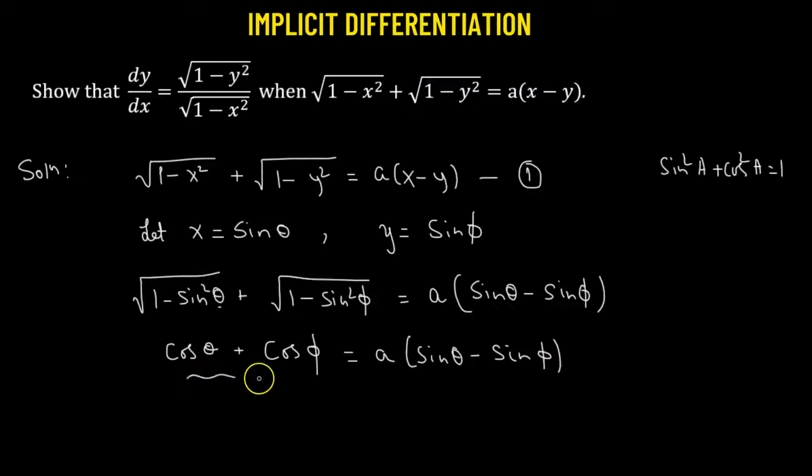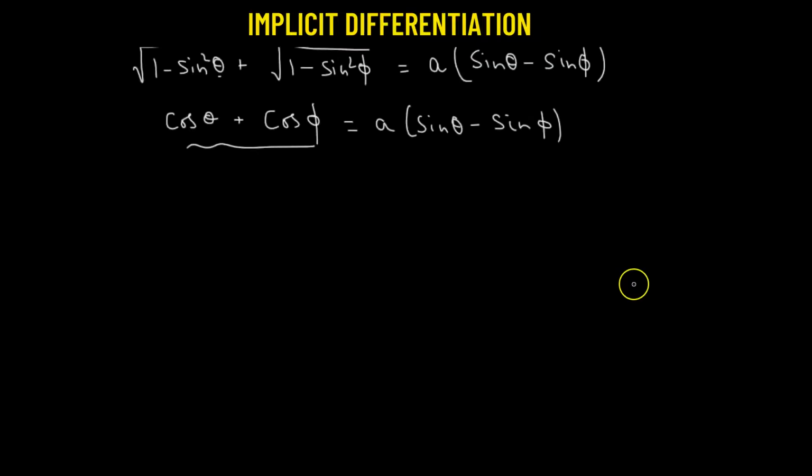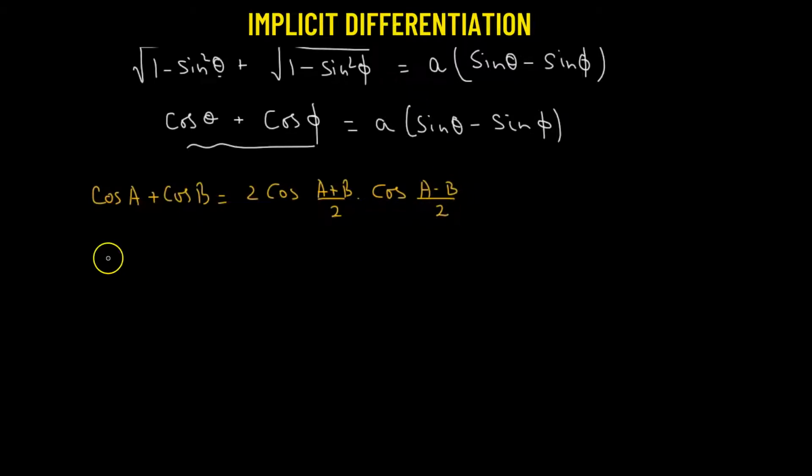Now we'll have to combine cosine theta plus cosine phi. For that, we'll use the fact that whenever we have cosine of A added to cosine of B, that's given by 2 times cosine of (A plus B) divided by 2 multiplied by cosine of (A minus B) divided by 2.